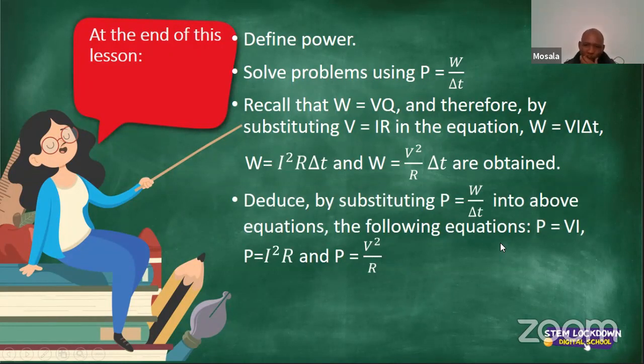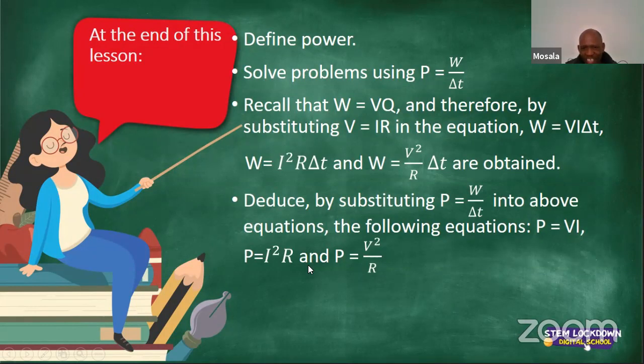So we know that for P, power is equal to VI. So if power equals VI, then where you see V, you substitute IR. So instead of having V here, you will have IR.